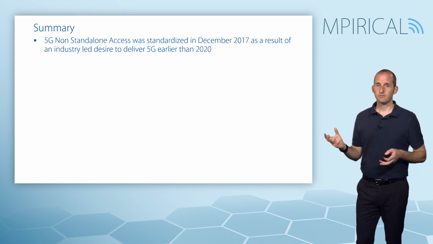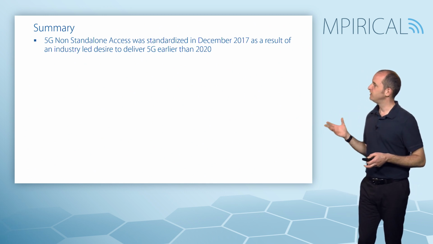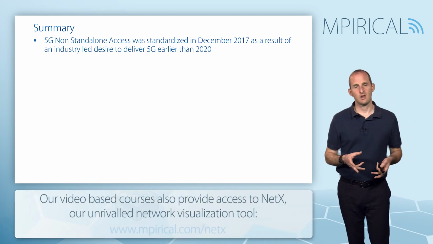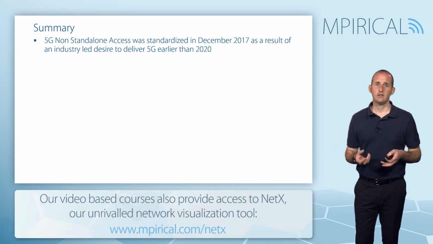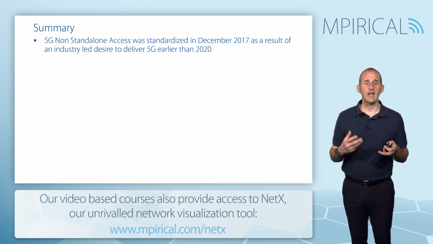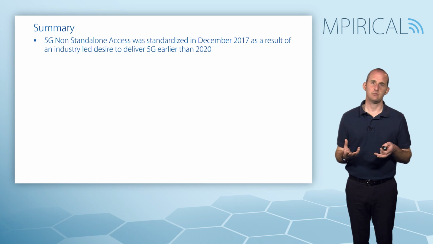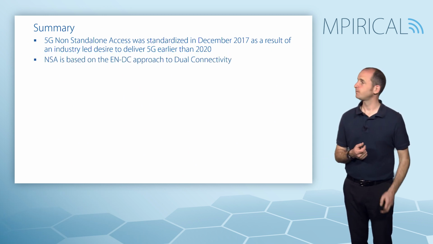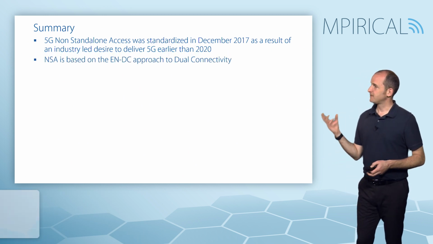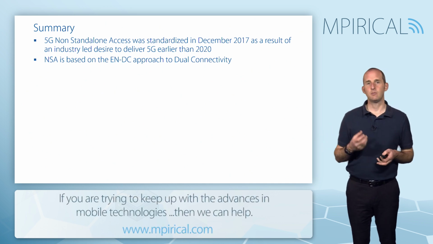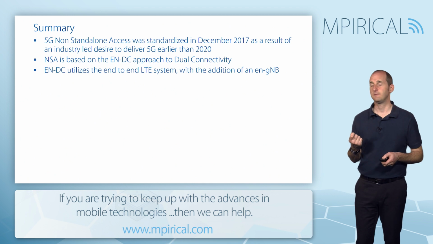So in summary then, we talked about the fact that 5G non-standalone access was standardized in December 2017, and really it was led by the industry. They wanted to see a 5G standardized option from the 3GPP sooner. So NSA, non-standalone access, is based on the ENDC approach to dual connectivity.